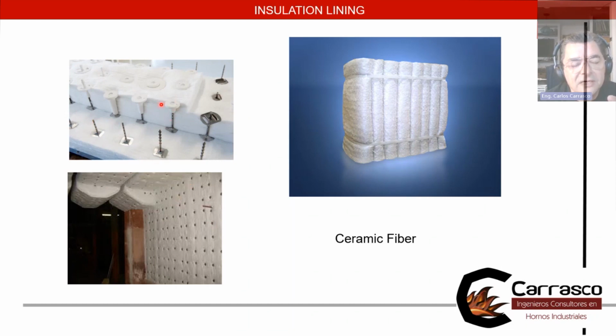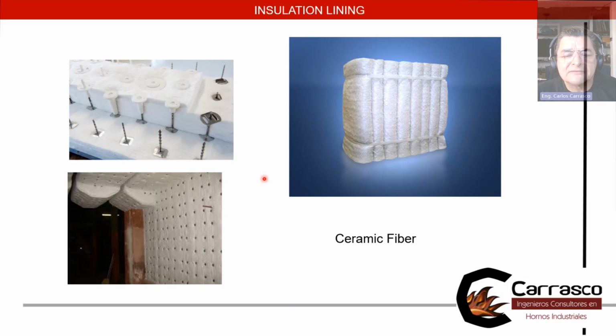I have this part of ceramic that holds the anchors and the blankets into the furnace in a better way. So depending on how you put it, it's going to be a wall or it's going to be a roof. That is the way you select, and there are different types of ceramic fibers from medium to high density, depending on the temperature that they are going to be exposed to.